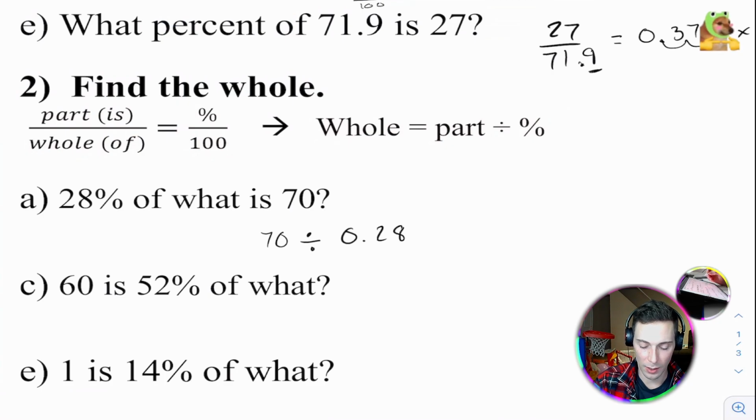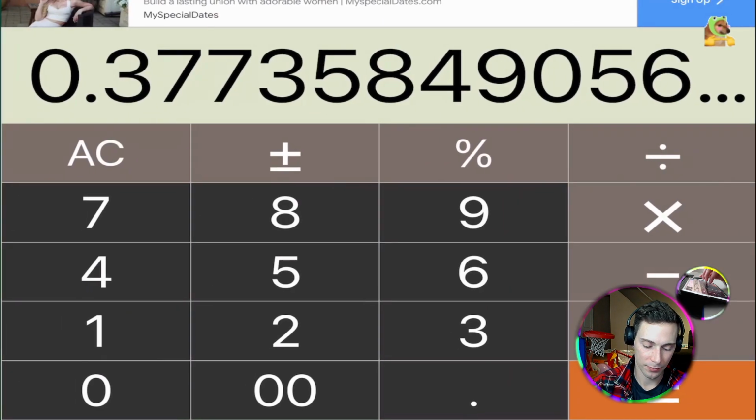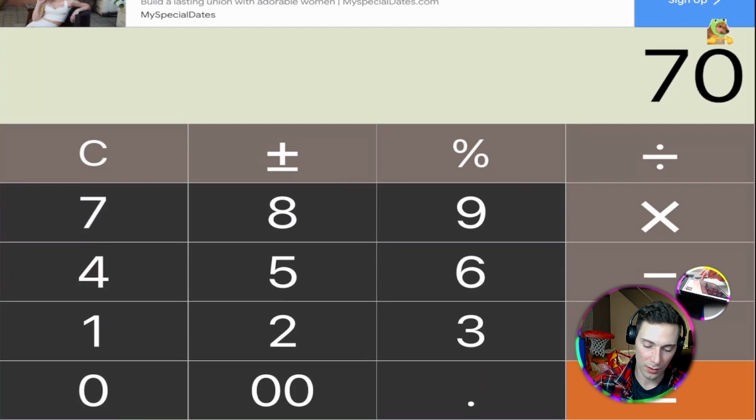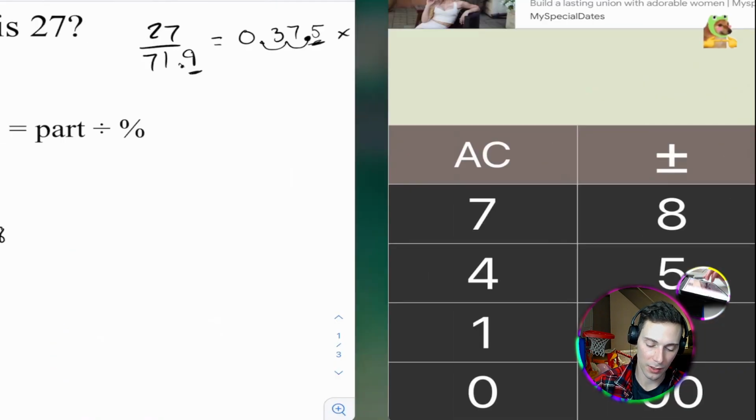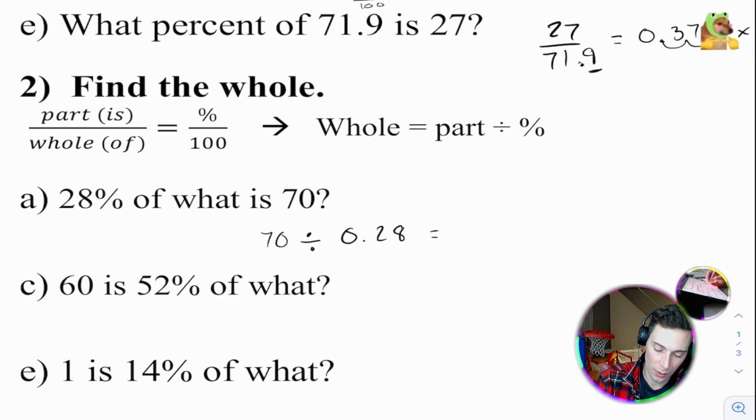But this is what makes the most sense to me, and it makes what I type in on the calculator quicker. 70 divided by 0.28. 70 divided by 0.28 is equal to 250. So this is our answer.